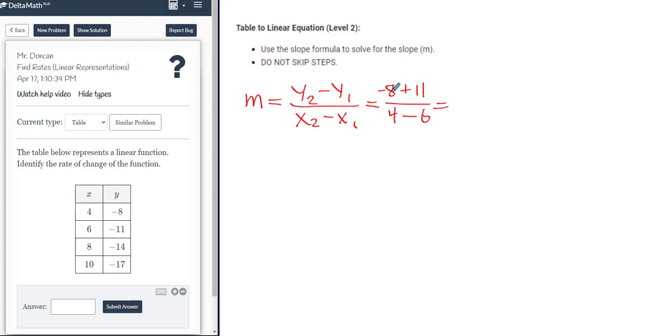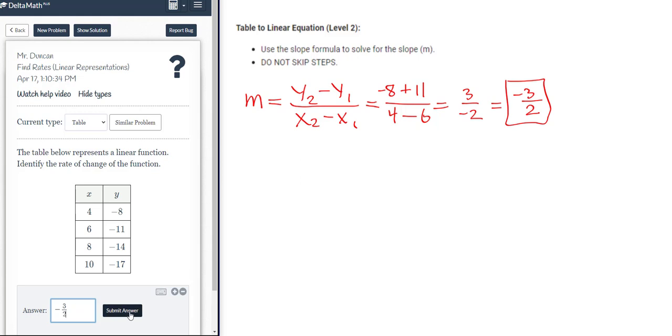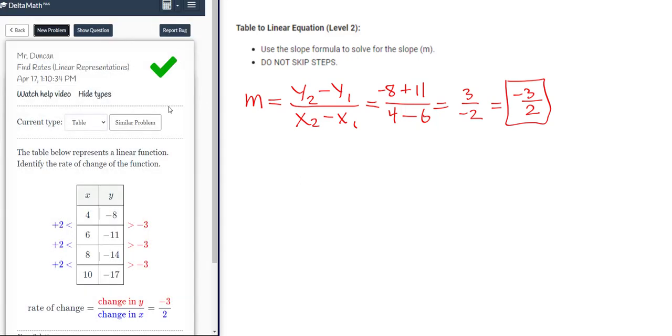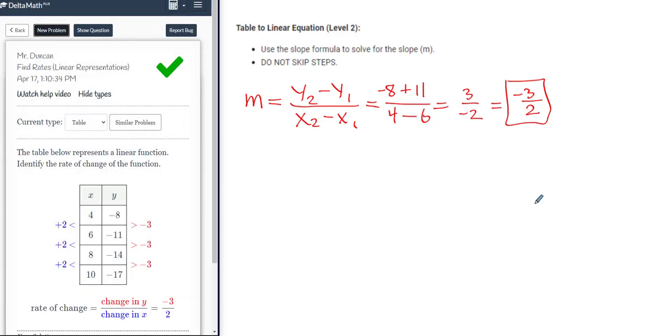So over here we have negative 8 plus 11, which is 3, and then 4 minus 6 is negative 2. So I'm going to put in my m is equal to negative 3 over 2. And that's it. It's kind of like what we did earlier in the week, except that all we have to do is find our slope. Good to go.